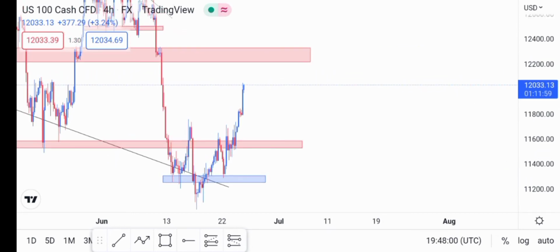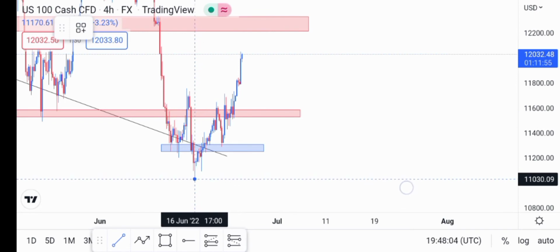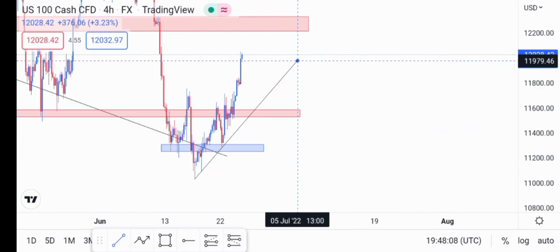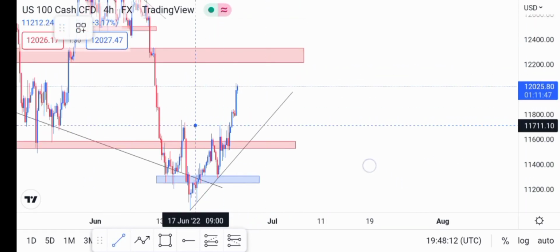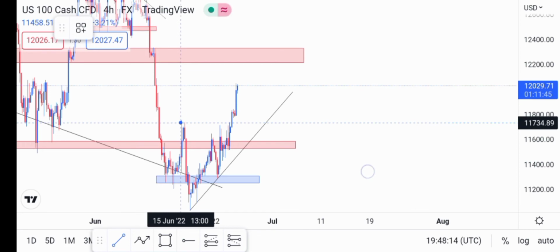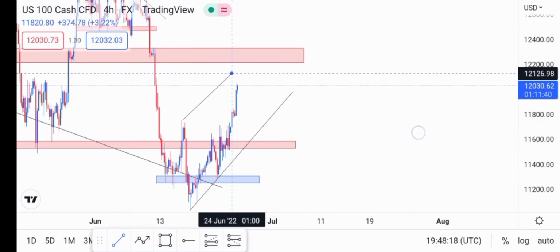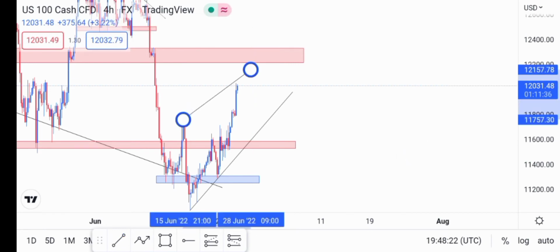From this point over here, if we try to analyze this head and shoulder formation, there's not much to analyze on NAS100. Those who entered the trade are milking it, as I already entered the trade as well. I entered the trade before the head and shoulder formation occurred.